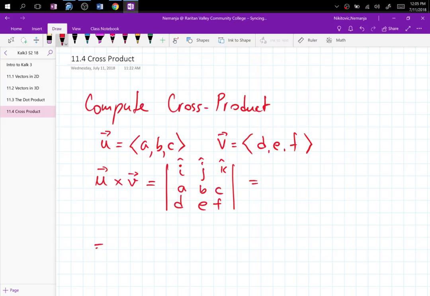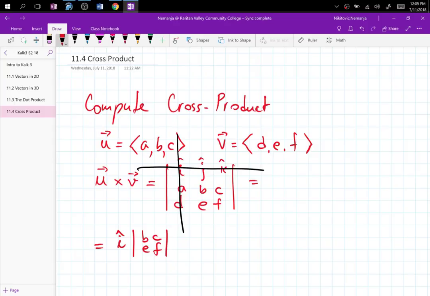Now what we do is, and maybe it's better for you to observe to get the pattern, I start with i, and then I delete that row and column, and I only need to worry about the determinant of what's remaining, and that's a 2D determinant now.